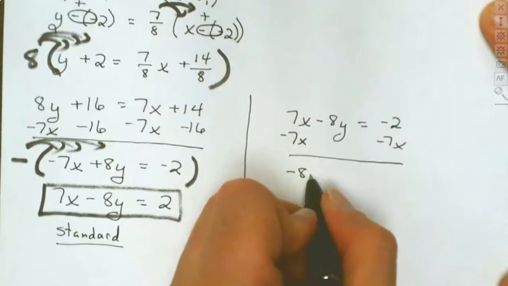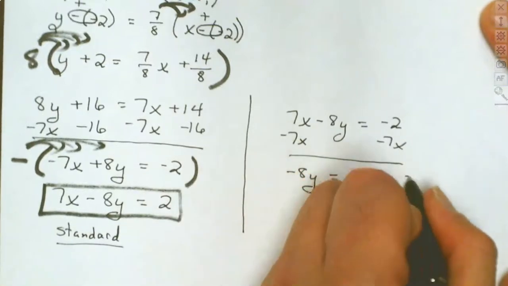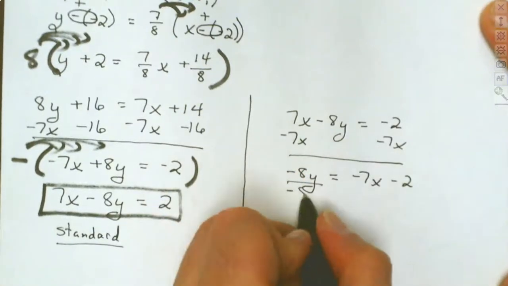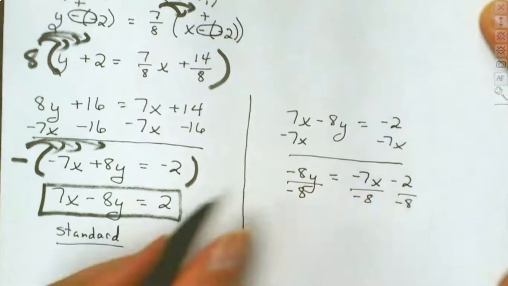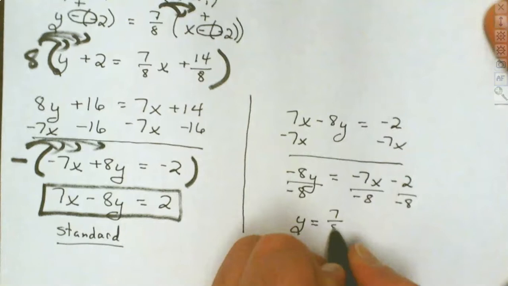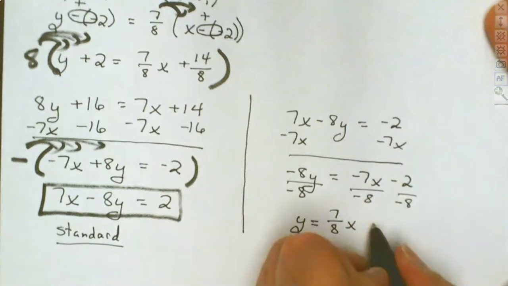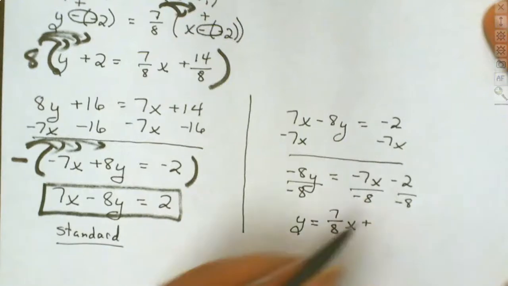That leaves you with a minus 8y equals a minus 7x minus 2. Divide by your negative 8. And now we've got our slope-intercept form, which when we reduce it down is 7/8 x. Negative and negative makes it a positive, and reduce that 2/8 down to 1.